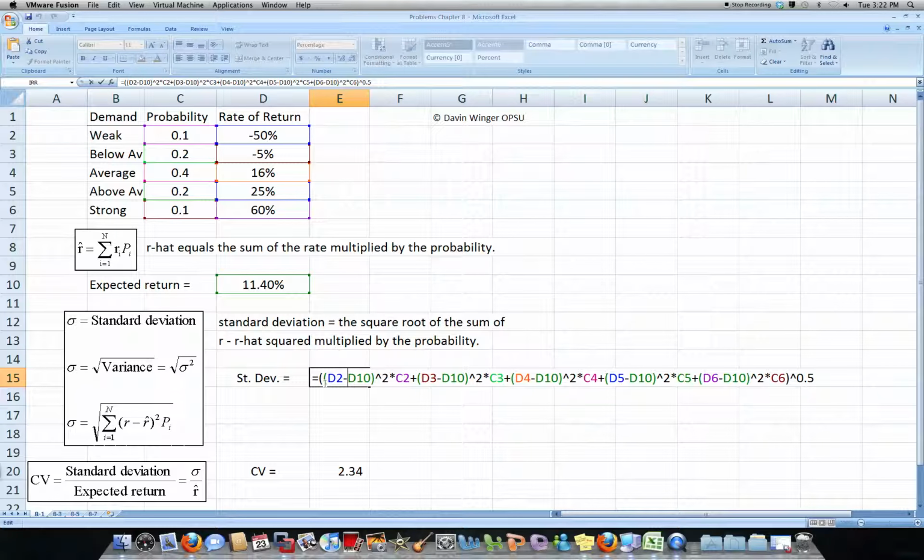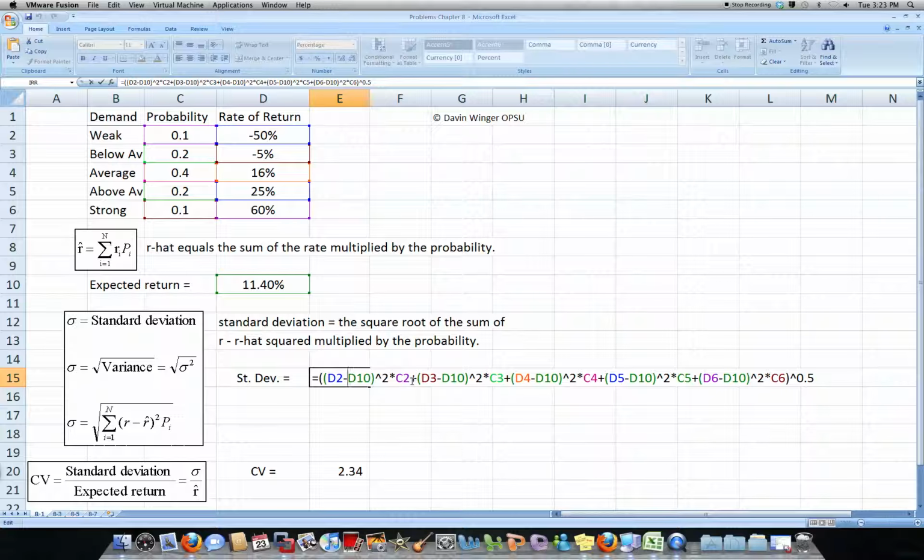You have to use parentheses quite a few times here. We'll do parentheses, and then D2, which in this case is our rate of return, minus D10, which is our R hat, or our expected return. Then close parentheses again. This little caret means you're going to square it, or raise it to whatever power. So to the second power, and then multiplied by its probability, or C2.